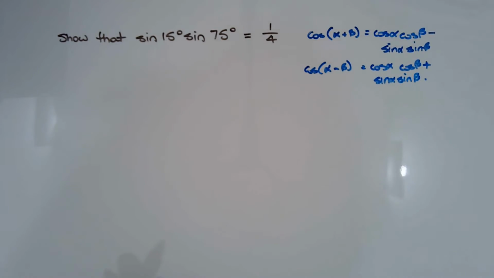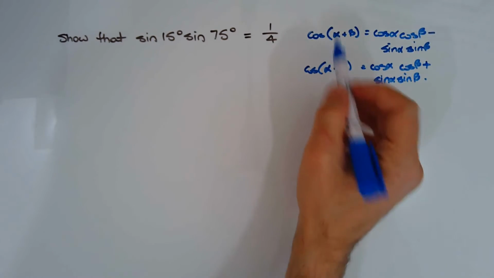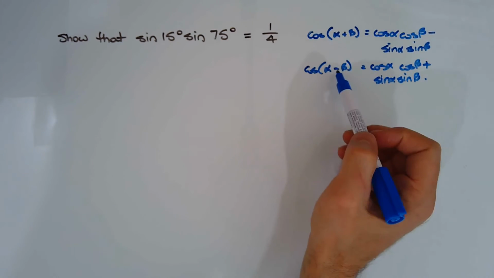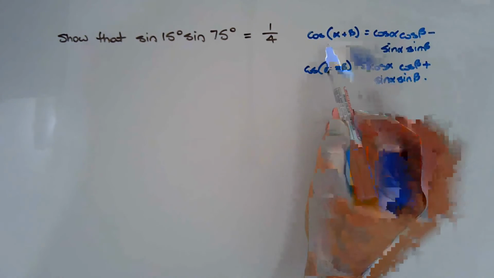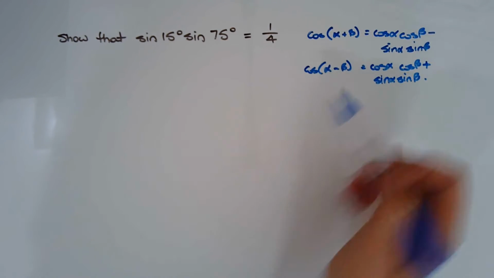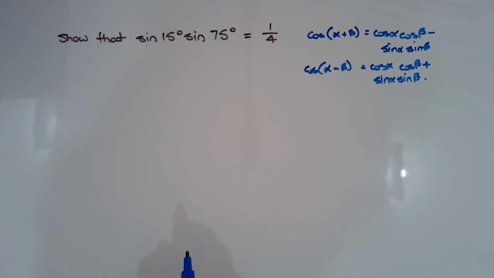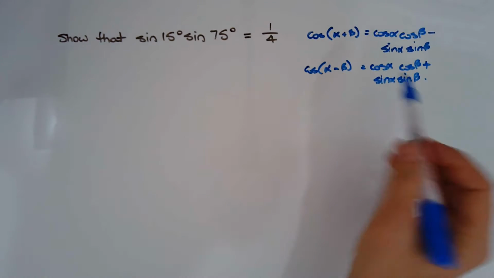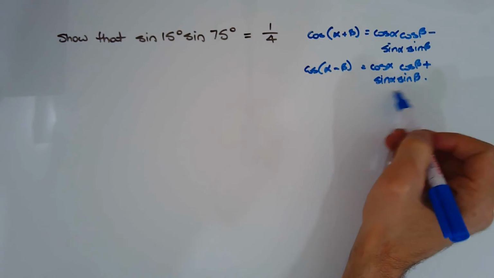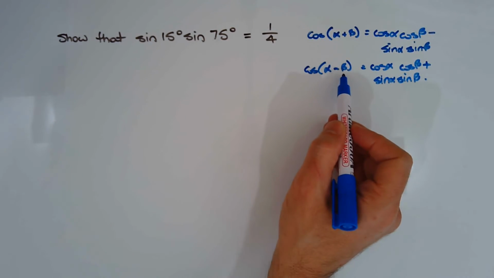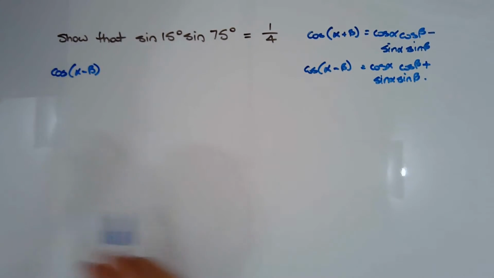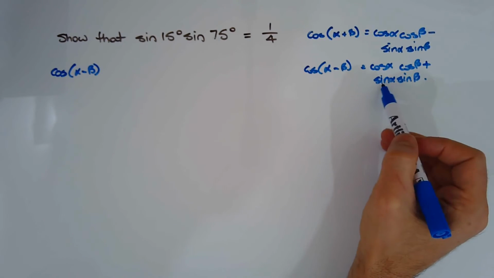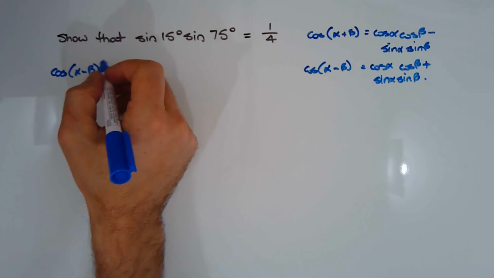So that means we need to subtract one from the other because we need to eliminate the cos alpha cos beta component of the cos of alpha plus beta or cos of alpha minus beta. I want to retain the sine alpha sine beta. So I'm going to start off with cos of alpha minus beta, because that has a plus sine alpha sine beta term.